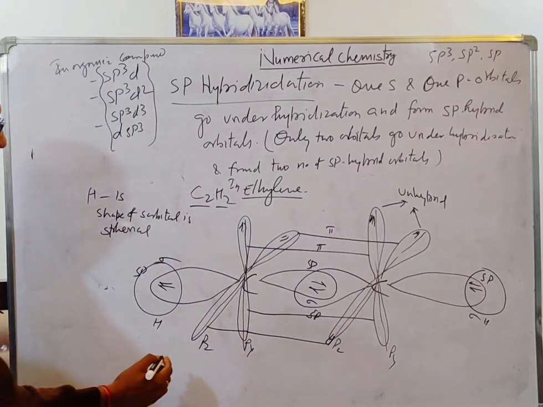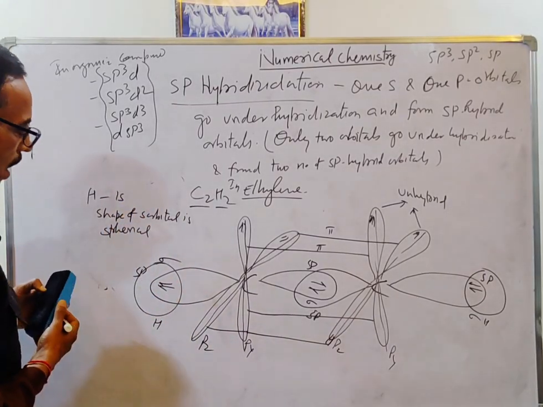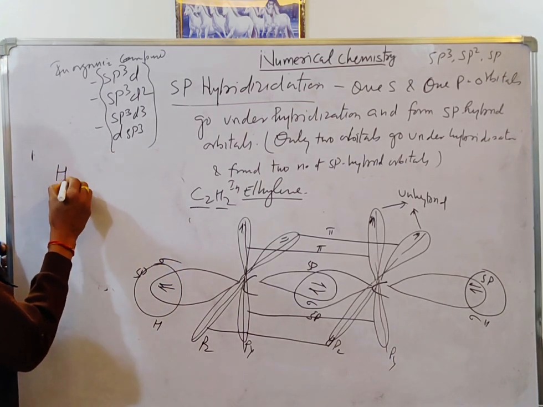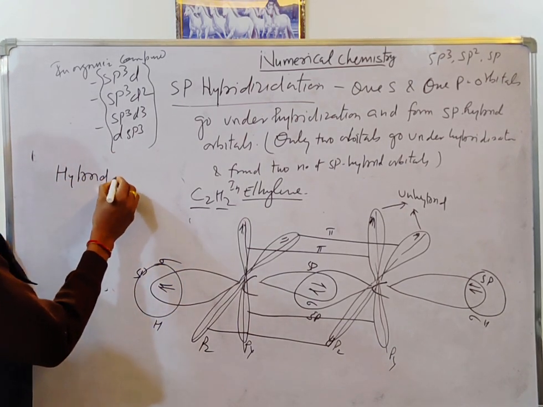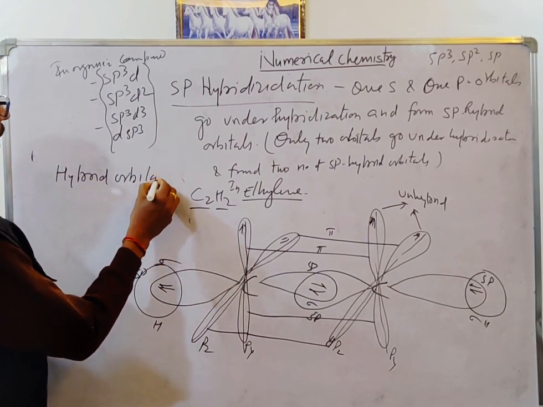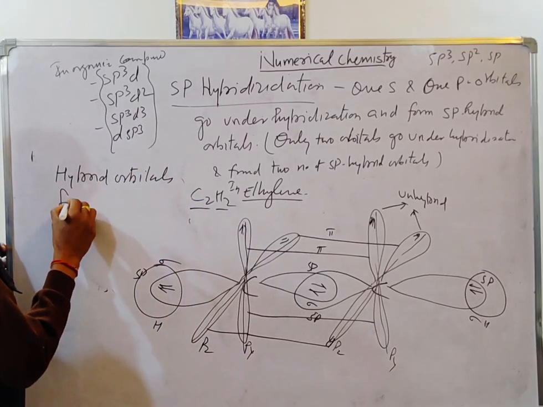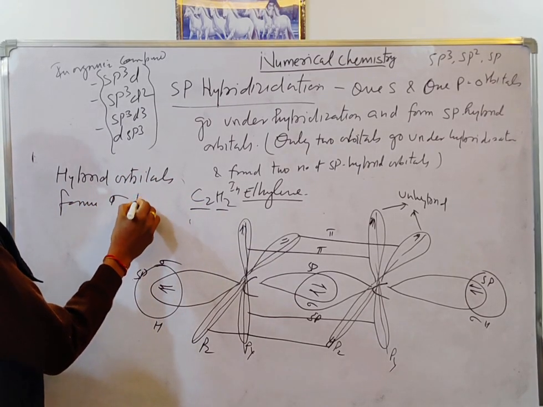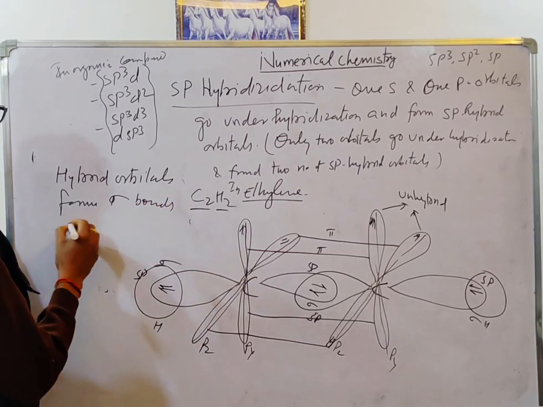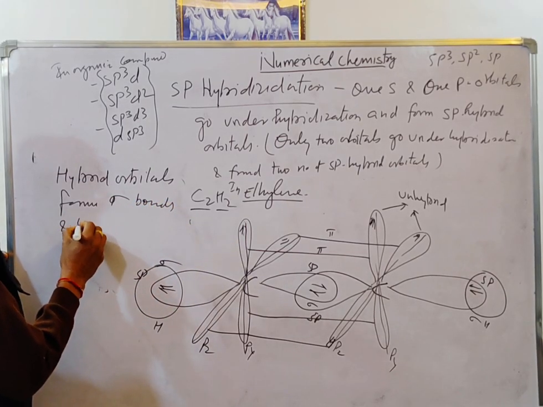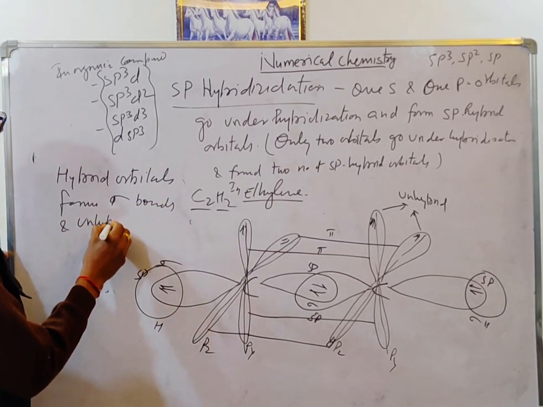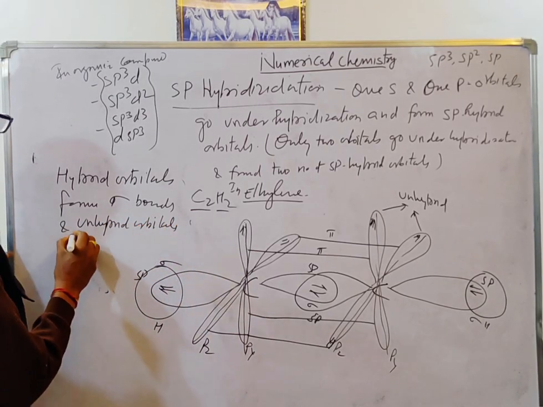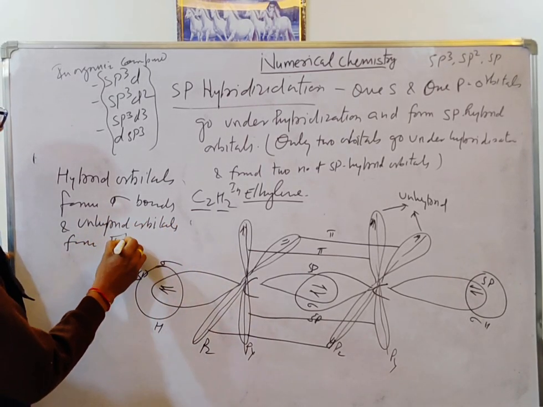So you write down here: hybrid orbitals form sigma bonds and unhybrid orbitals form pi bonds.